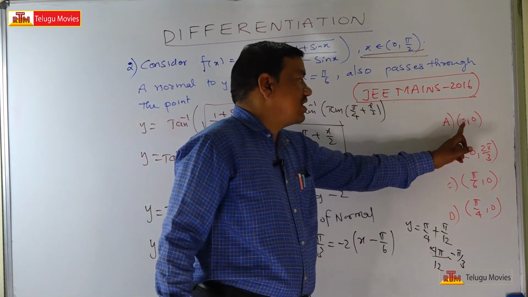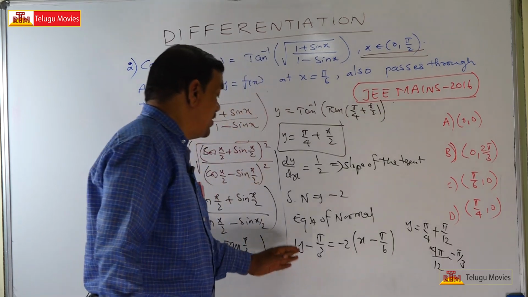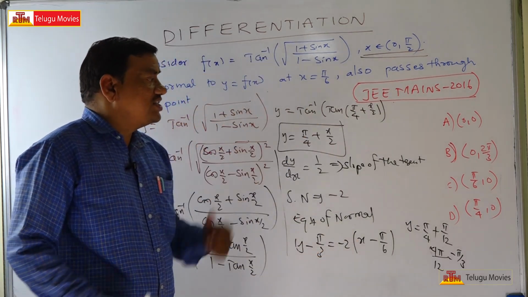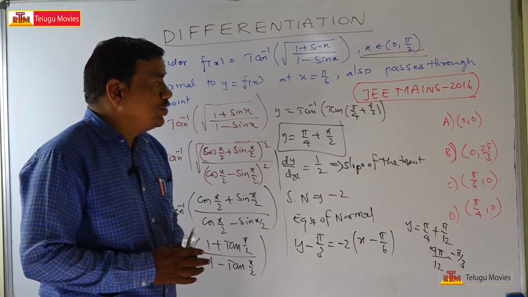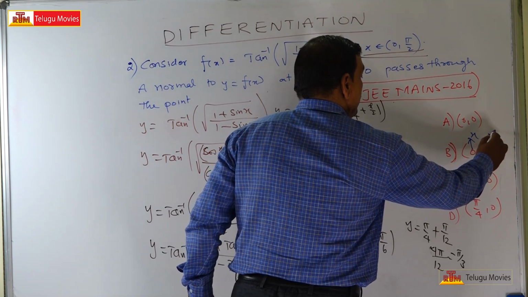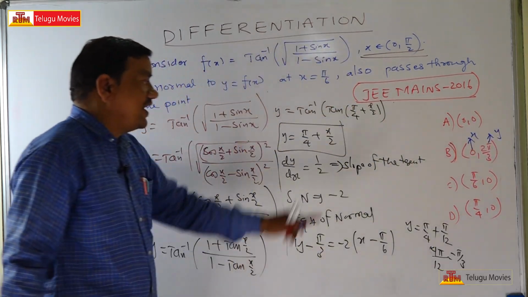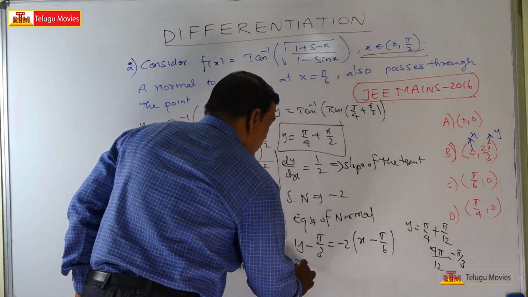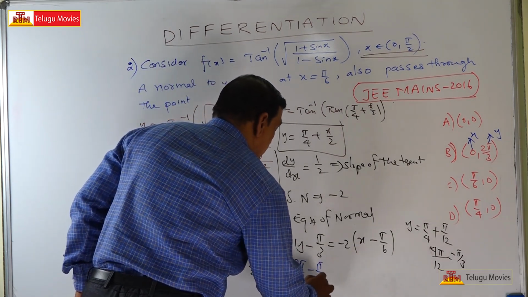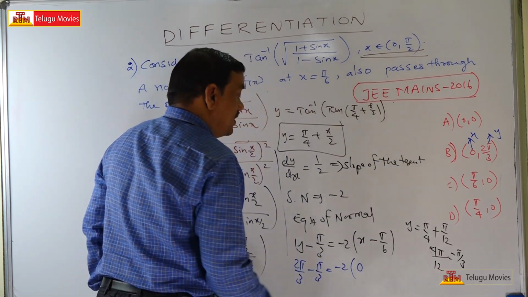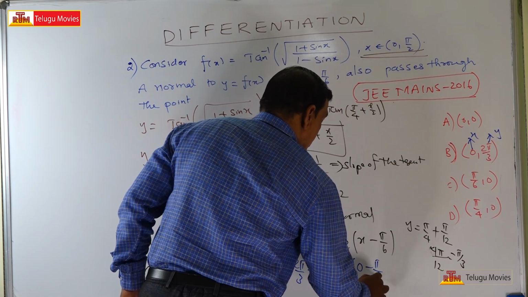So here the first option is 0 comma 0. Definitely 0 comma 0 does not satisfy this equation. Let us take the second option, that is 0 comma 2 pi by 3. That means the x value is 0, the y value is 2 pi by 3. So substituting the y value 2 pi by 3 here, 2 pi by 3 minus pi by 3 minus 2 into x value 0 minus pi by 6.